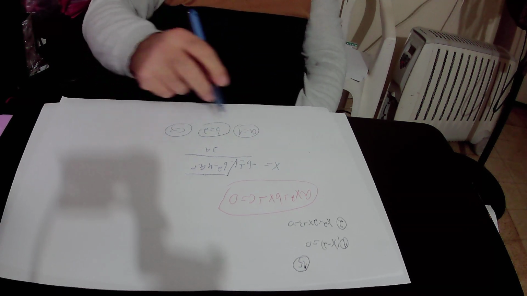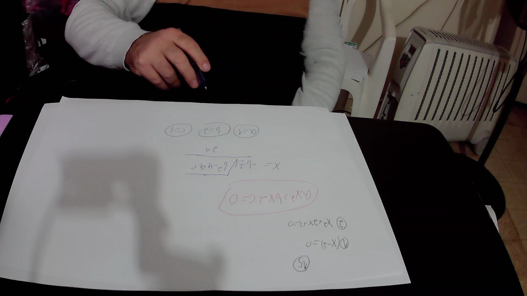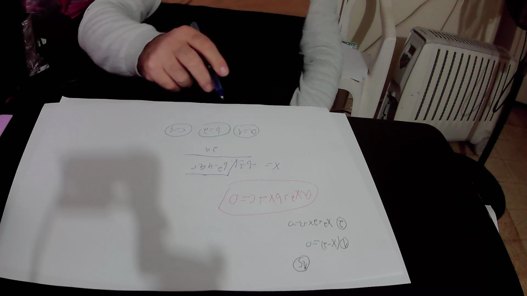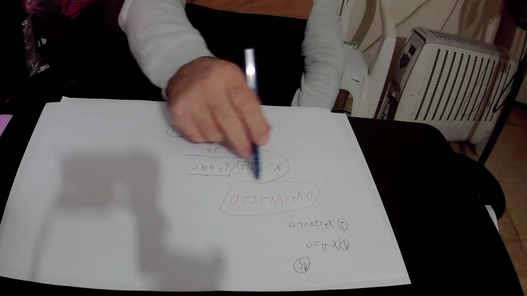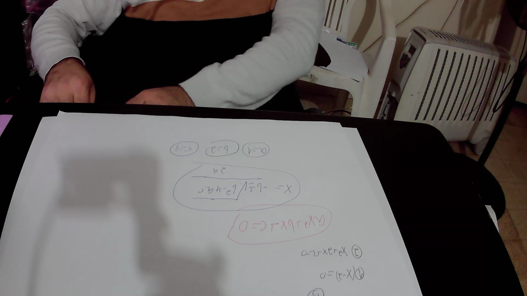Those are the coefficients of our specific quadratic equation. So the only thing that is left to do is to put the coefficients in this formula for x in order to find out the value of x.